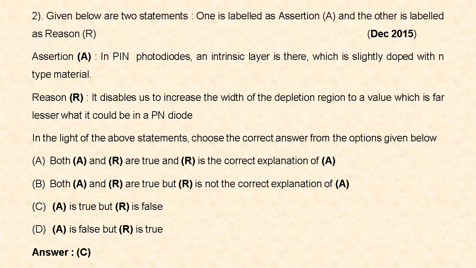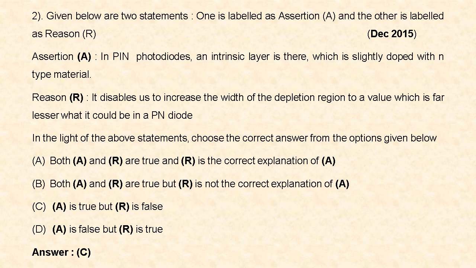Next question. This question was asked in December 2015. Given below are two statements. One is labeled as assertion and the other is labeled as reason. Assertion: In PIN photodiodes, an intrinsic layer is there which is slightly doped with N-type material. We know that this statement is correct.